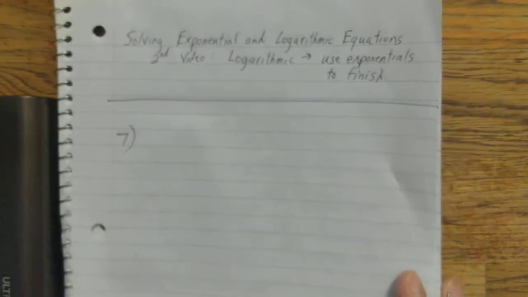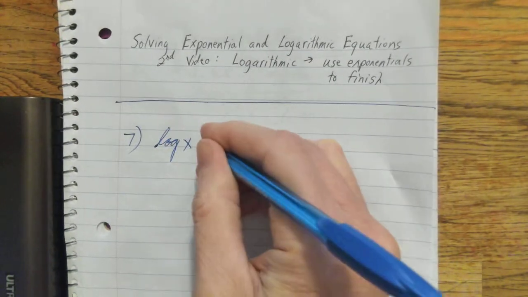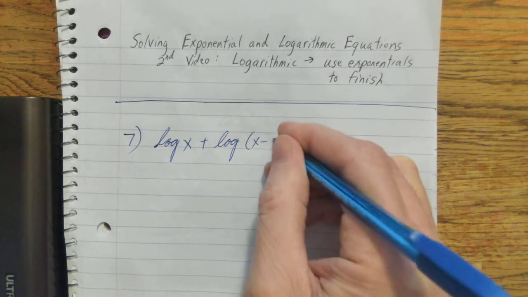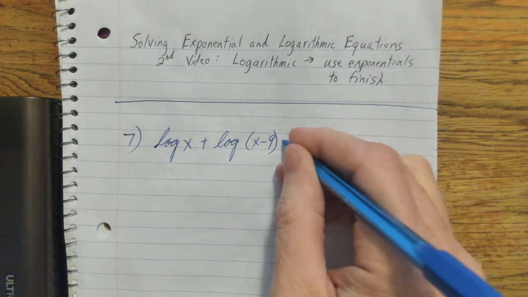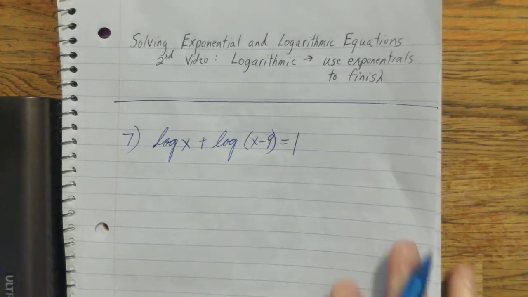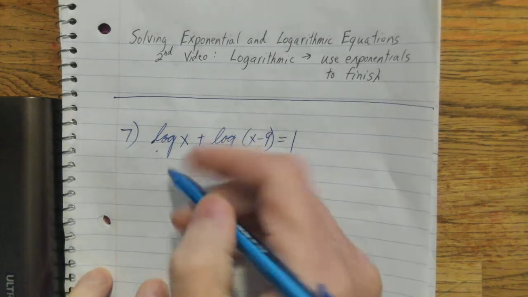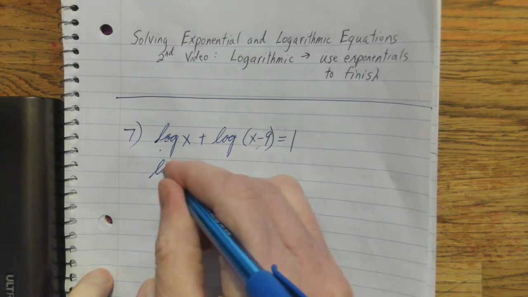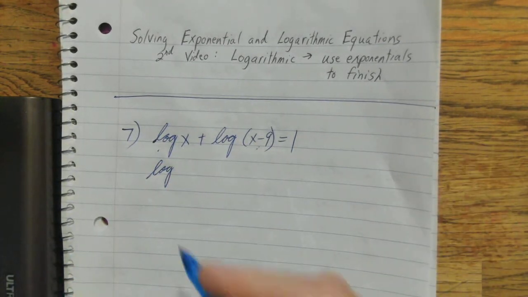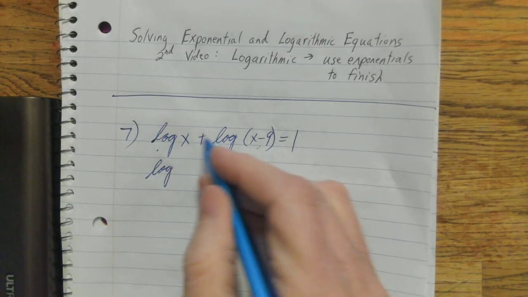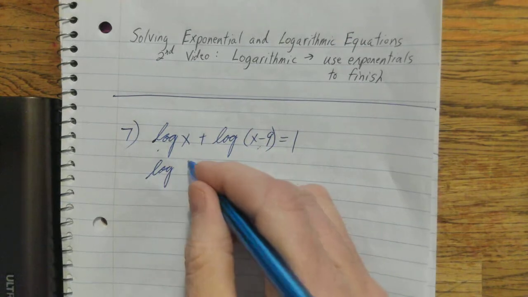Example 7. I'm going to take the log of x plus the log of x minus 9, and that is equal to 1. Now this is plus here, so I'm going to condense that. If I go in reverse, that goes with the product property.